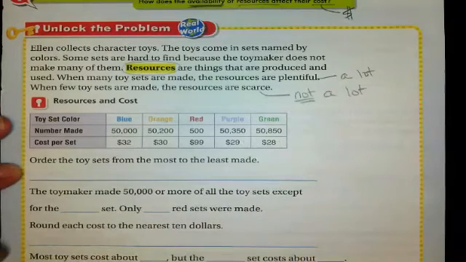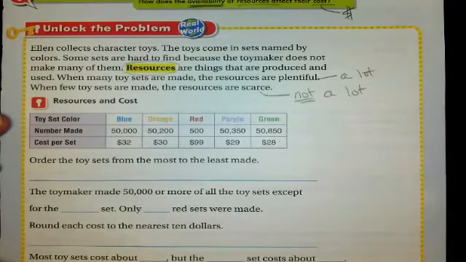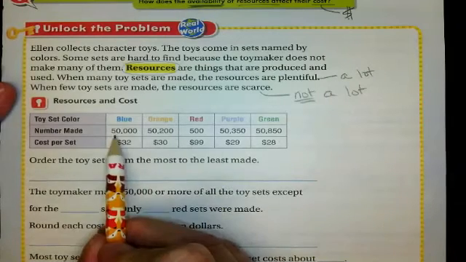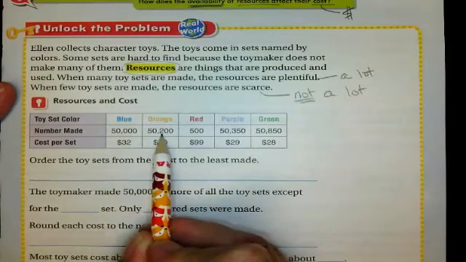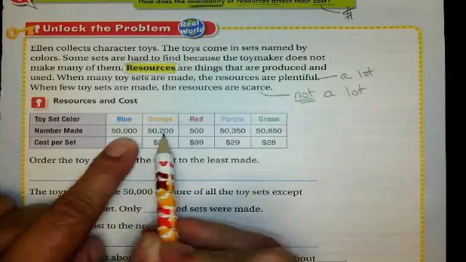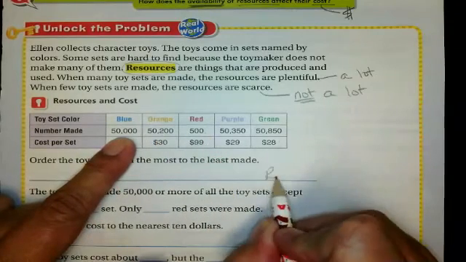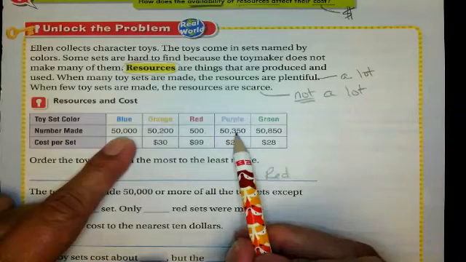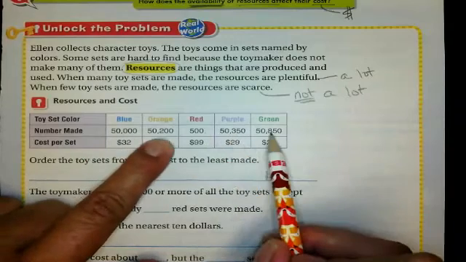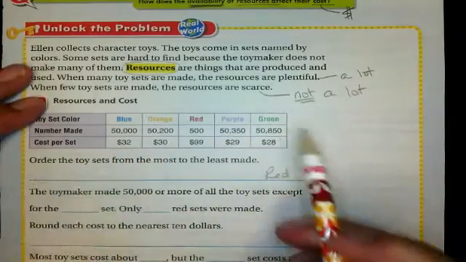Order the toy sets from the most to the least made. So which one of these sets is made the most? Well, if I look at my numbers, 50,000, 50,200, that's bigger. 500, that's definitely the smallest. I'm actually going to write red way down here. 350 is bigger than 200, and 850 is bigger than 350.